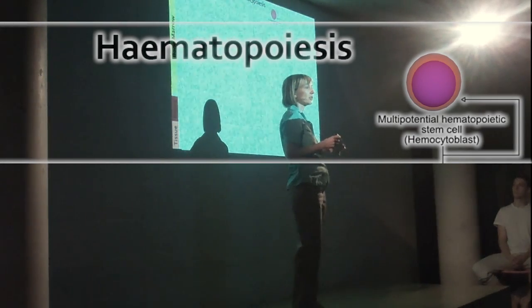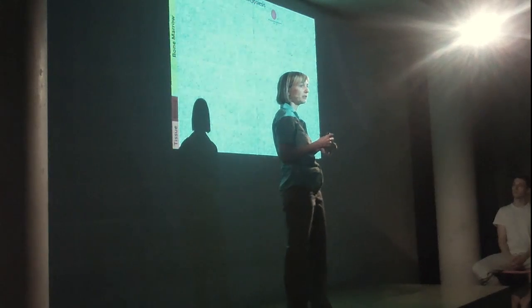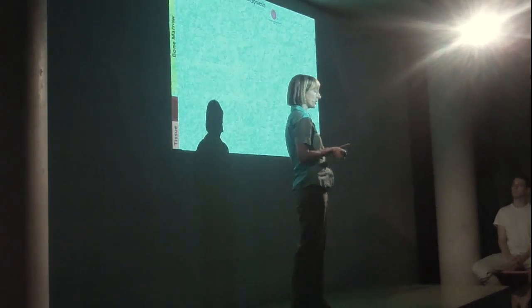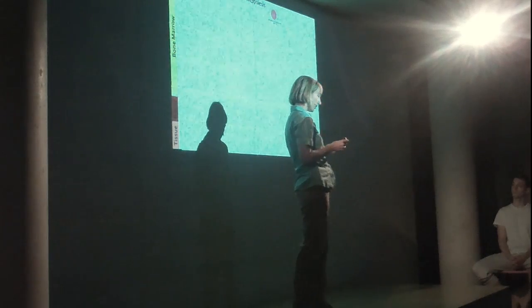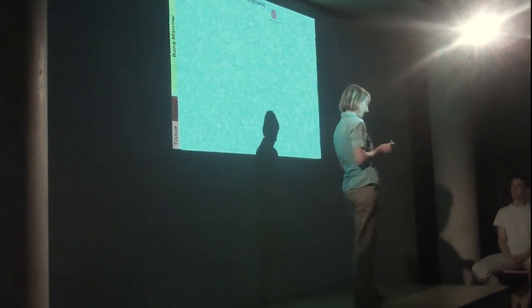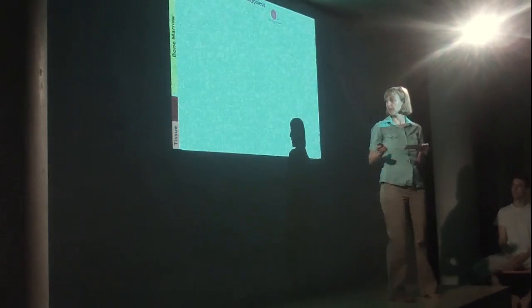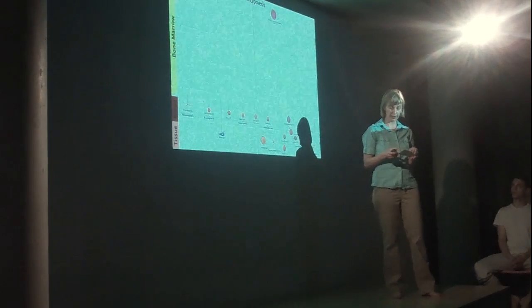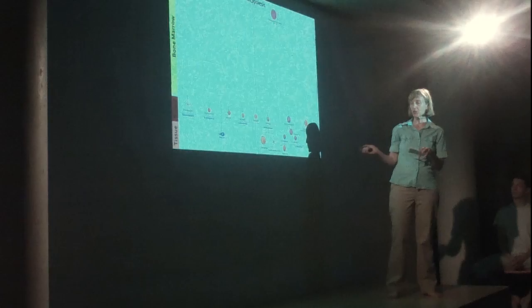Now that means that she can constantly renew herself, she never dies, and she can turn herself into the many different mature blood cells. The mature blood cells, we know them, we see them in daily practice very often, and you see them here on this horizontal line.